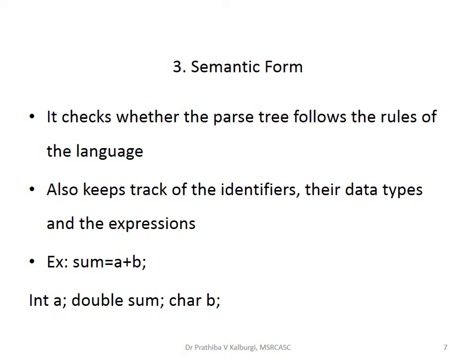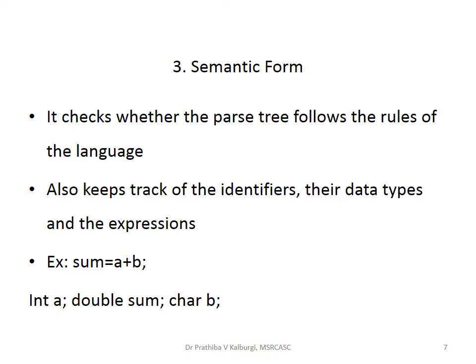Now if you observe in this, syntactically it generates a parse tree which is matching, and it doesn't have any problem in generating the parse tree wherein it identifies the three identifiers. Whereas with respect to the semantic form, it has to check whether it satisfies all the rules which are defined in the program.